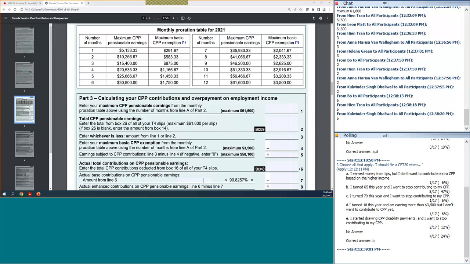Again, if you're using tax software, the tax software will do it for you, but only if you give it the right information, which means you've given it date information or you've told it if there was a CPP election. And we do need to know how to do these by hand. Okay, 30 seconds left, and we've got half the class done.